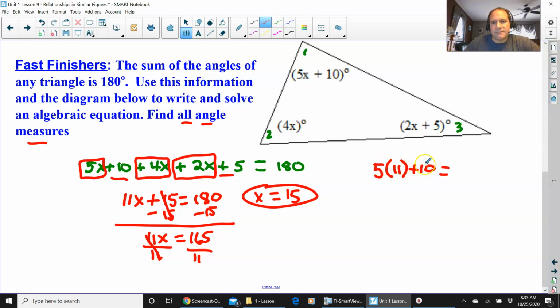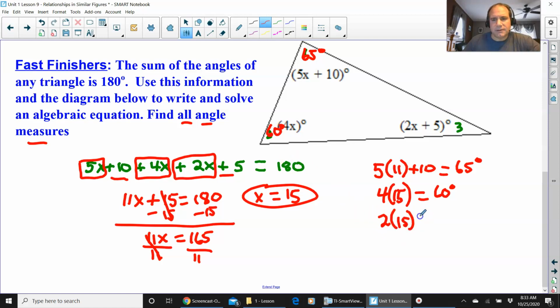So that is 55 plus 10, which is 65 degrees. So this right here is 65 degrees. Then we're going to do 4 times 15, and that equals 60 degrees. So this is 60. And then we're going to do 2 times 15 plus 5, and that equals 35 degrees.